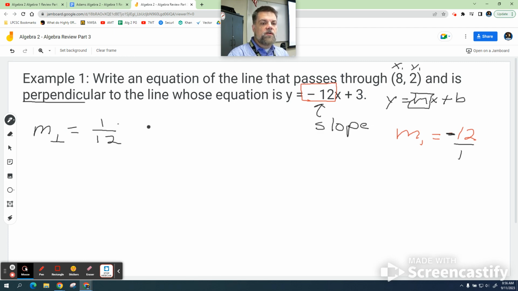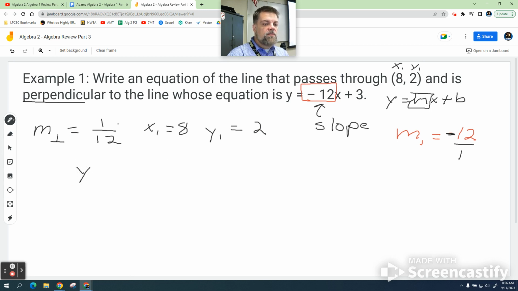So also, we know that it passes through the point 8, 2. So how do I write an equation of the line if I know the slope and a point? We use the point slope form, right? Does anybody in here remember? Help me.